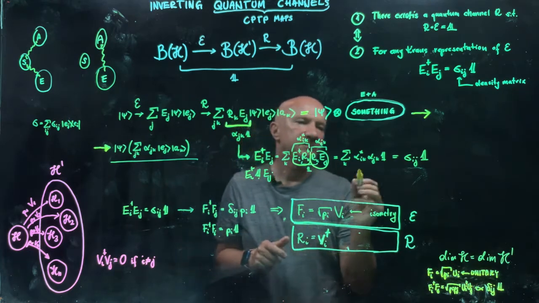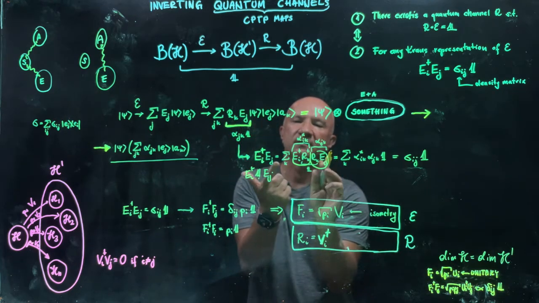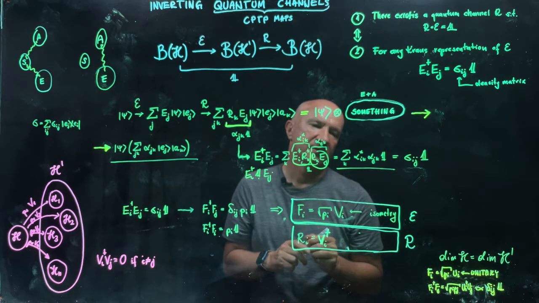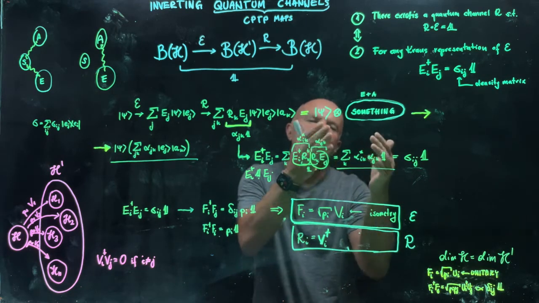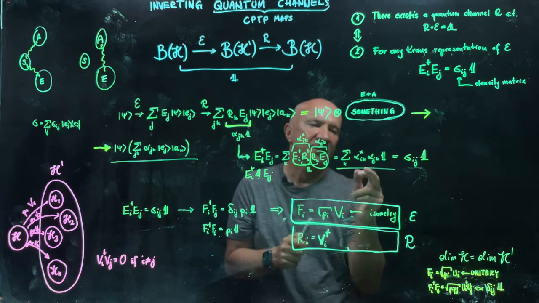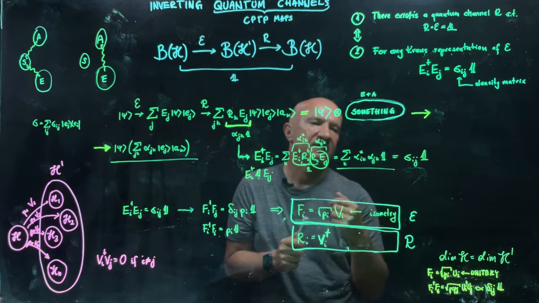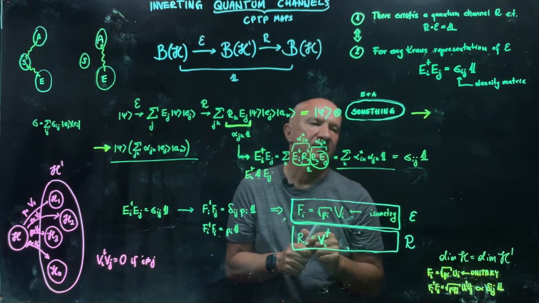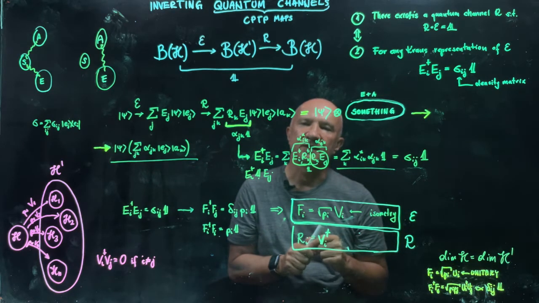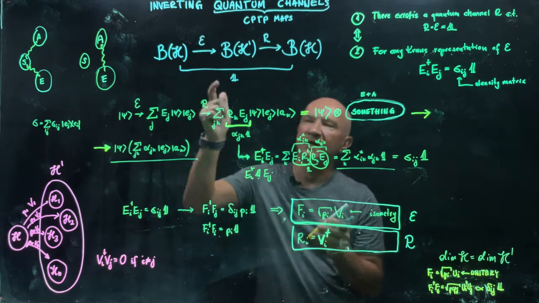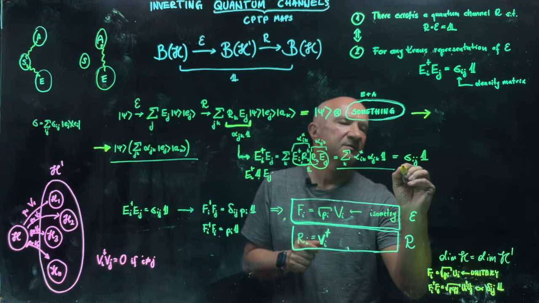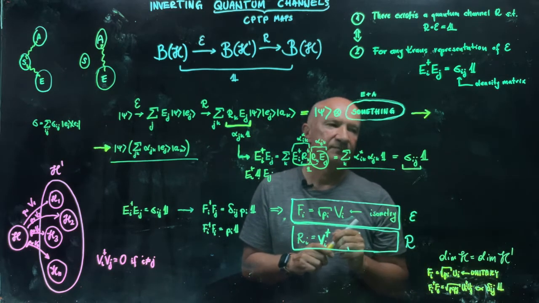So hence the product can be written as the product of two matrices, if you wish, alpha ik complex conjugate alpha jk, and you sum over k, and that is proportional to the identity on H. So this product we write as sigma ij.